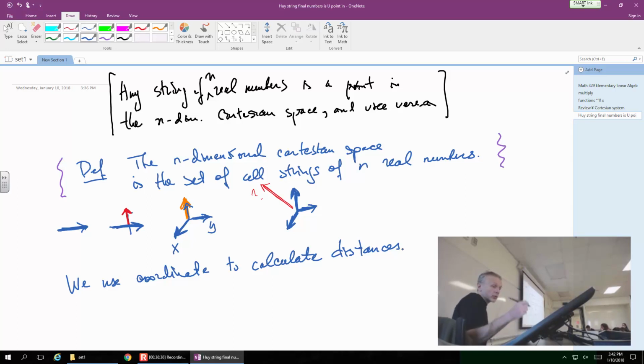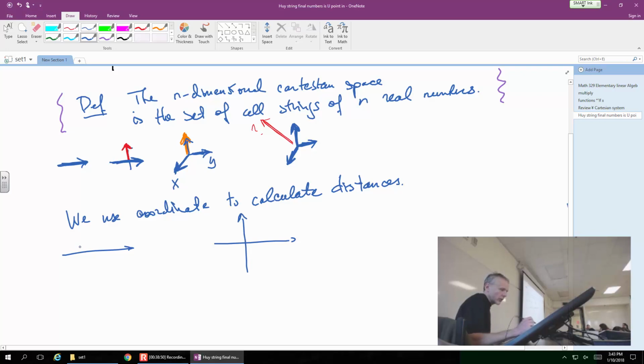And once again, I don't want to jump to dimension 2. How about we start still with dimension 1? So point P, point Q, what's the distance between P and Q in terms of their coordinates?